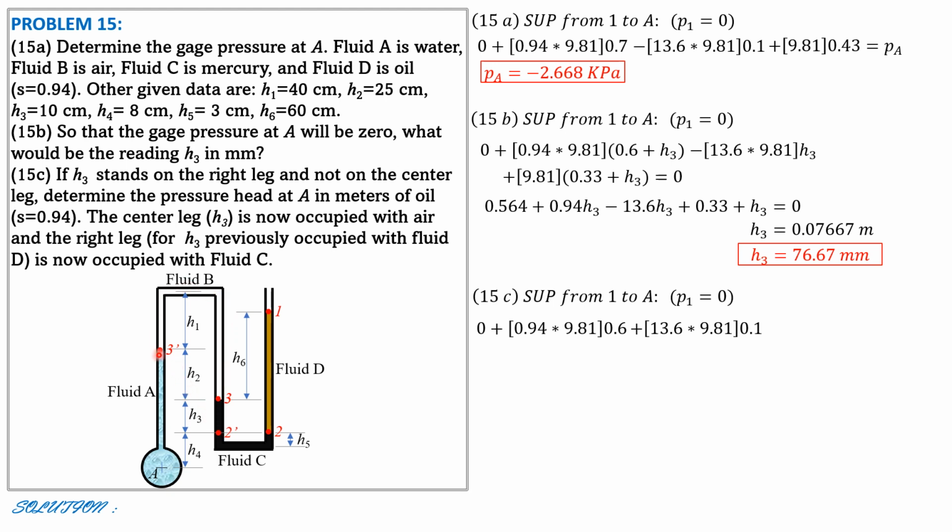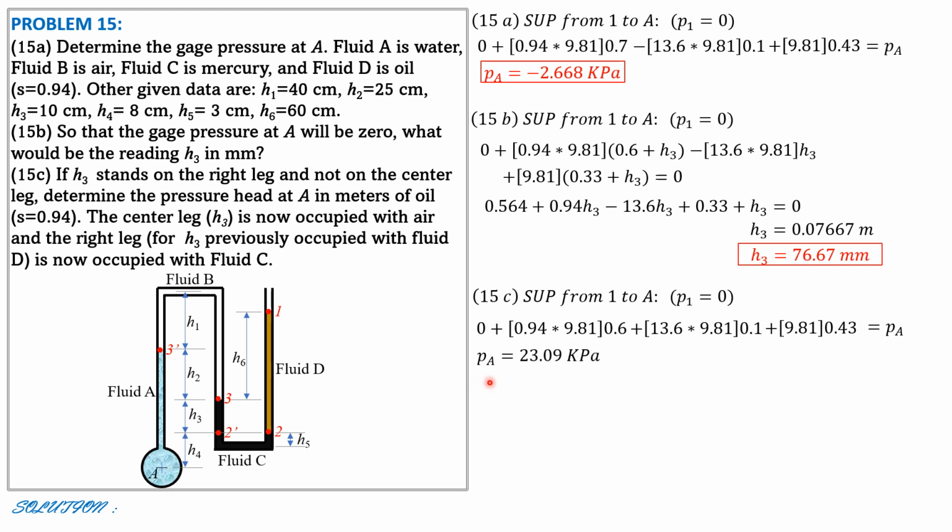So from this point down, take note, the total depth here is 43 cm or 0.43. So plus 9.81 times 0.43 equals pressure at A. Computing, pressure at A is 23.09 kilopascals.